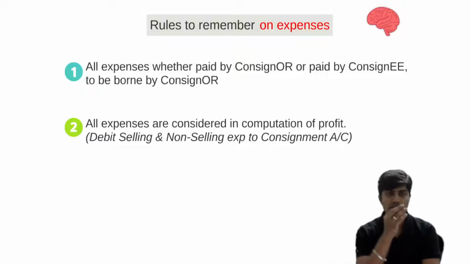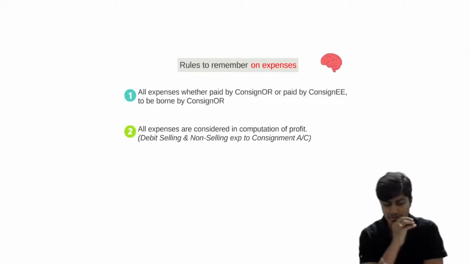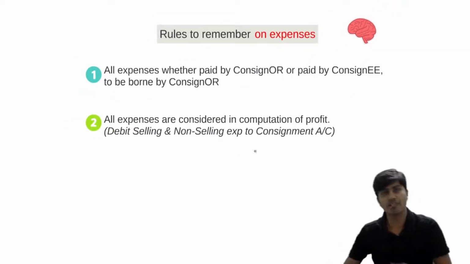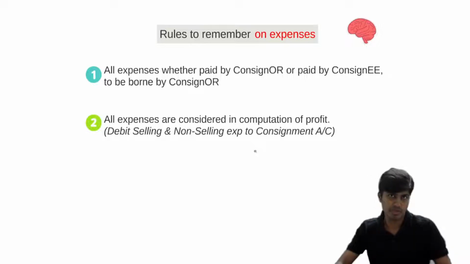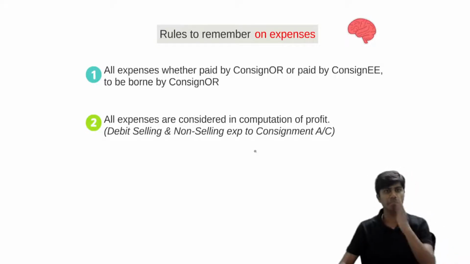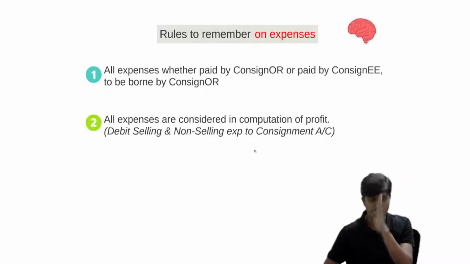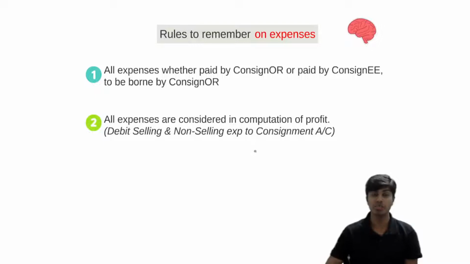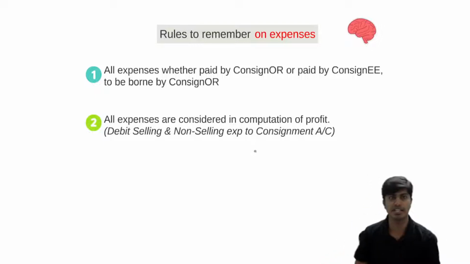The journey of the goods starts from the godown of the consignor and the goods will go all the way till the customer's place. In this journey, we have one pit stop. That pit stop is the godown of consignee.